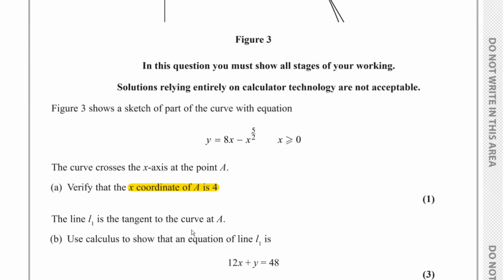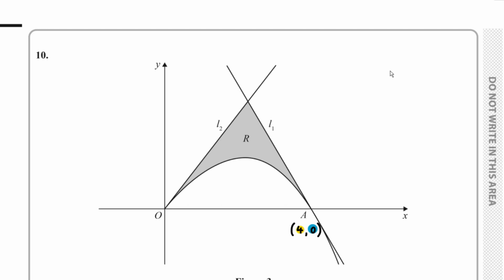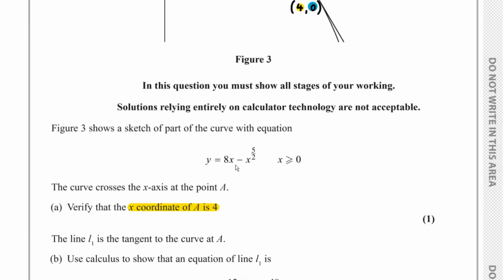The line L1 is a tangent to the curve at A. Part B, use calculus to show that an equation of L1 is 12x plus y equals 48. What you can see is L1 is a tangent to the curve at the point A. We know what y is, that's 8x subtract x to the 5 over 2.